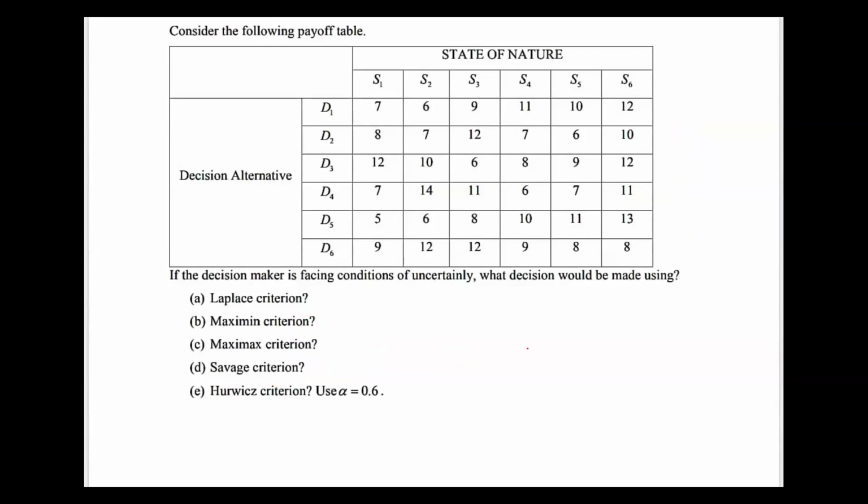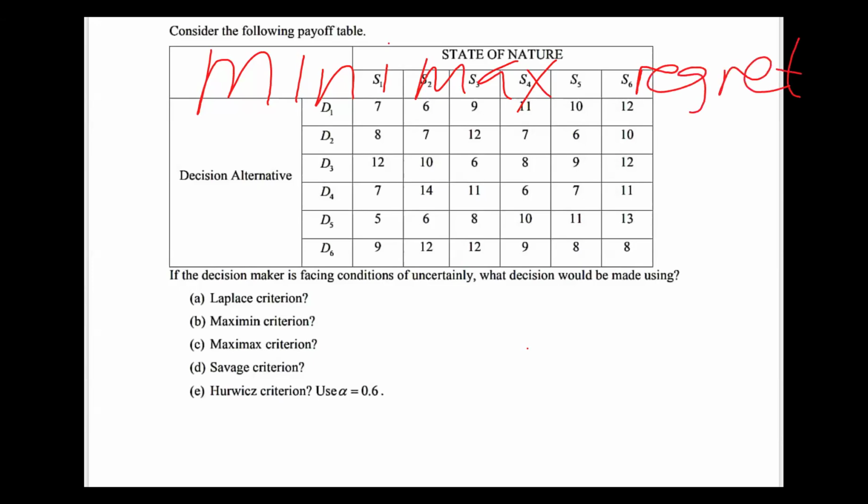Let's go ahead and look at the Savage approach, the Savage criterion. How do you make a decision using the Savage criterion? It should interest you to learn that the Savage criterion is also called minimax regret, or regret criteria.